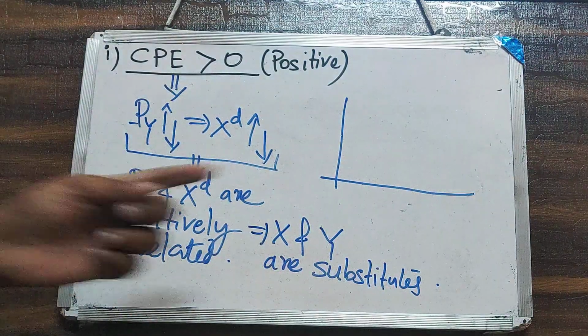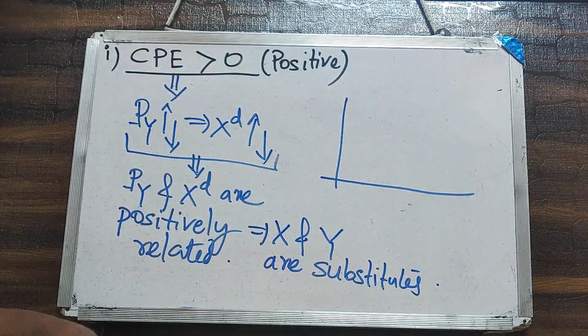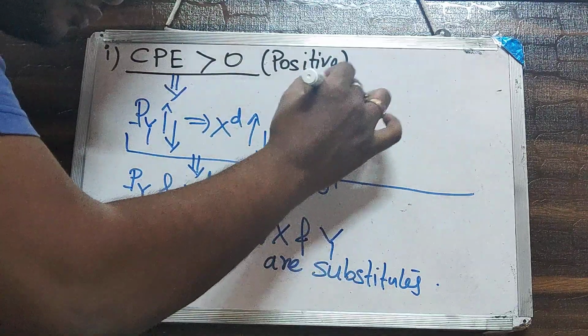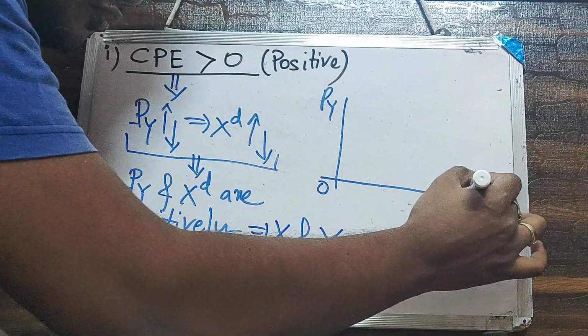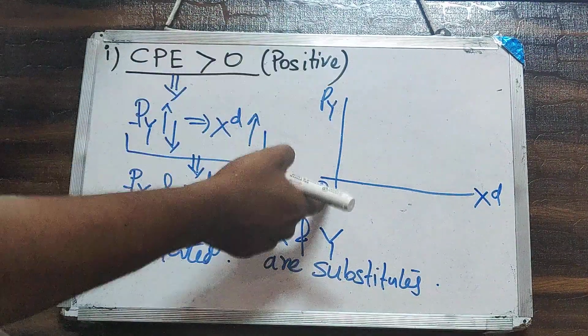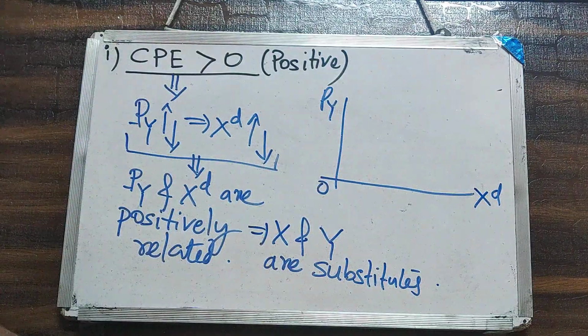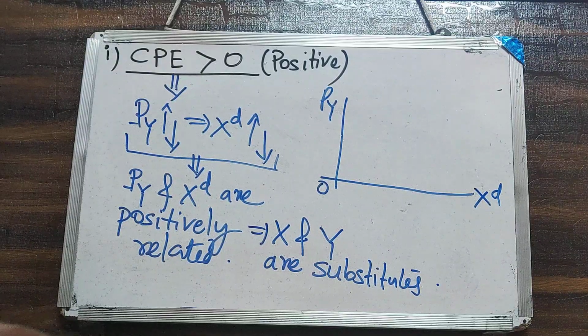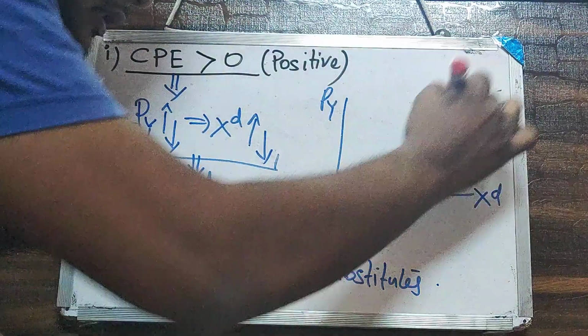Now in case of positive cross price effect, what will be the shape of the cross demand curve? See, we are measuring price of good Y along the vertical axis and demand for X along the horizontal axis. So it will be like this.